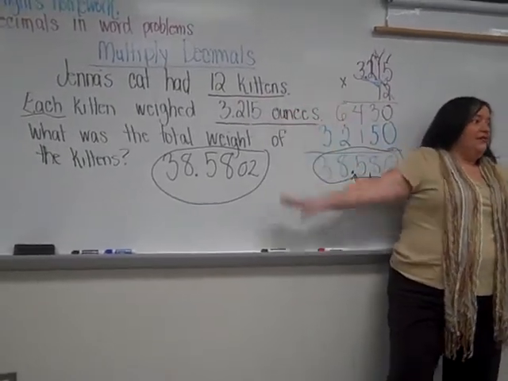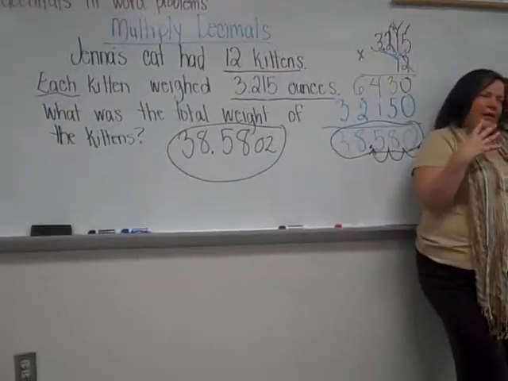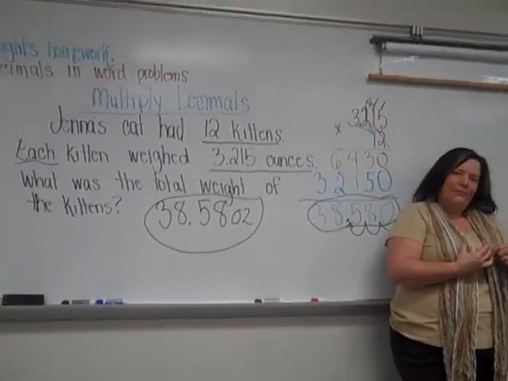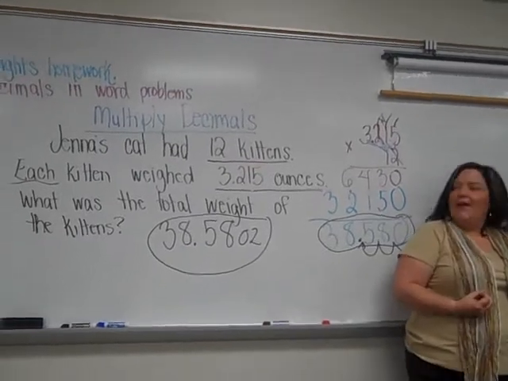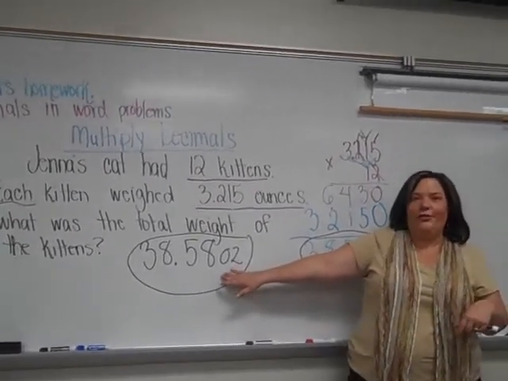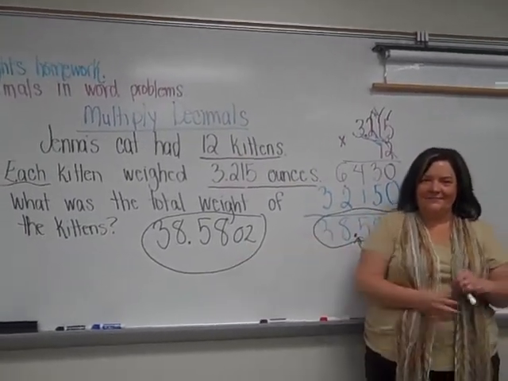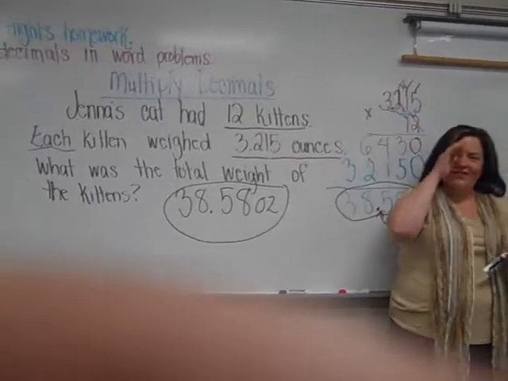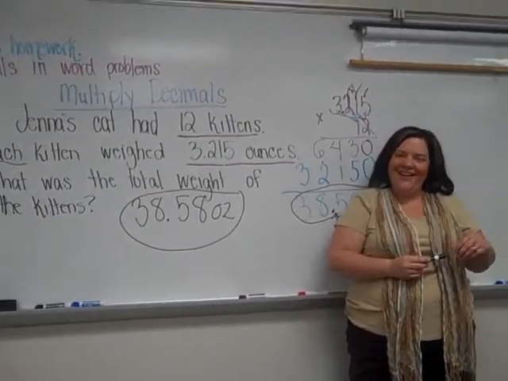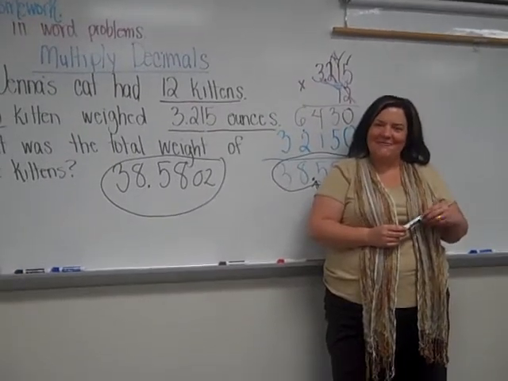And we know 12 times 3 is 36. So in my brain, when I visualize this problem, logically it makes sense that the total weight would be close to 36. And we realize it is. Let's try a couple more multiplication decimal word problems together.